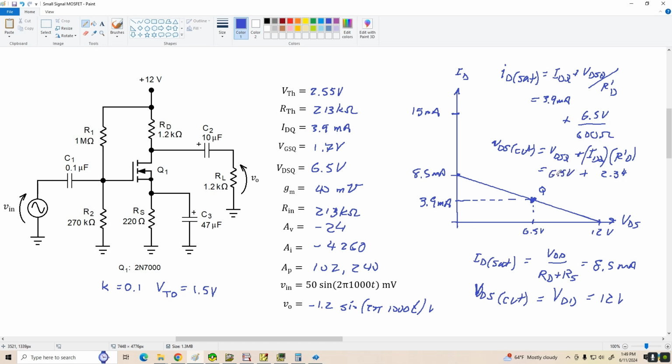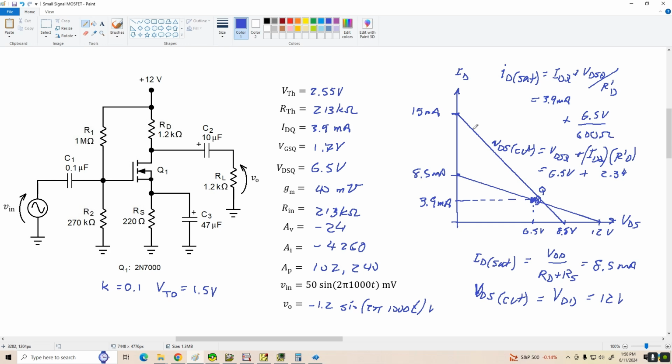So that's going to be what, 8.8 volts roughly. And that's, say, about here, 8.8 volts. And if I connect these 2 points, if I had drawn everything very nicely and proportionately, it would go right through the Q point. Of course, I just guessed at everything here, but that's roughly what our AC and DC load lines are going to look like.